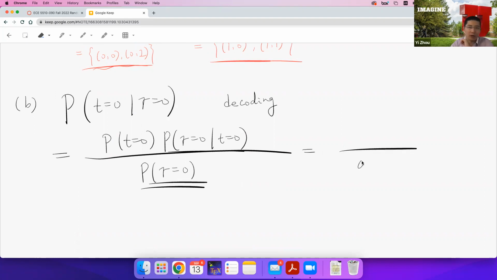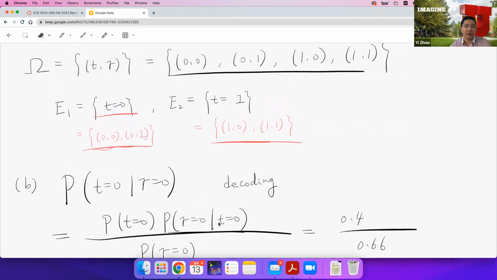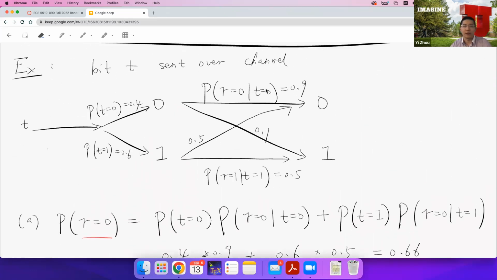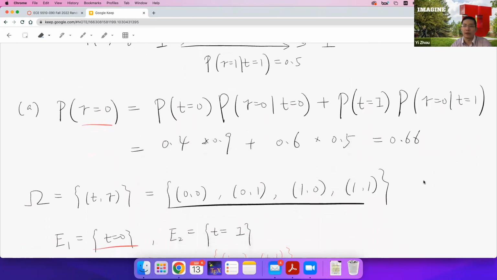So in part A, we know the denominator is 66%. And for the numerator, this one we are given as 0.4. And for this one, it is given in the channel: sending a 0 and receiving a 0. It is right here, so it's 0.9.